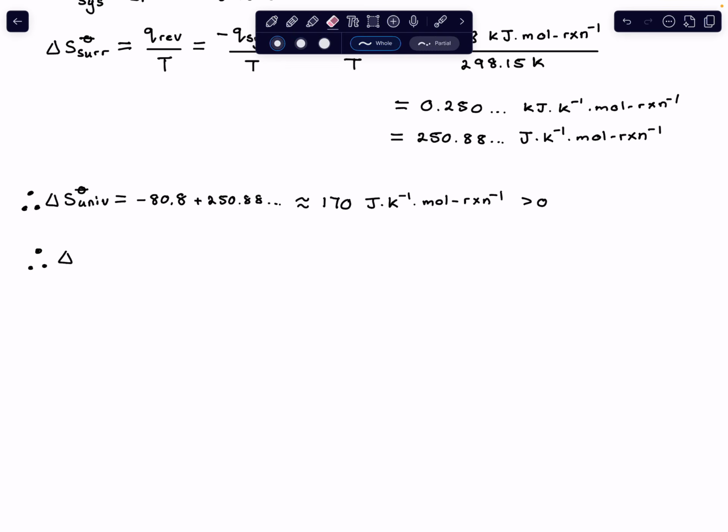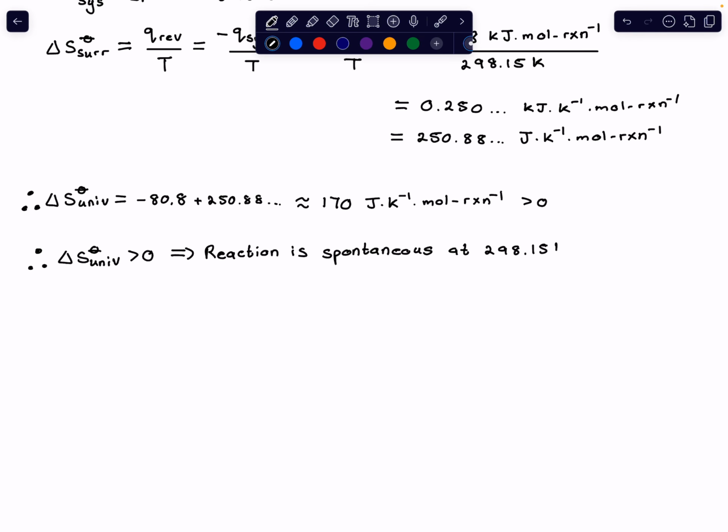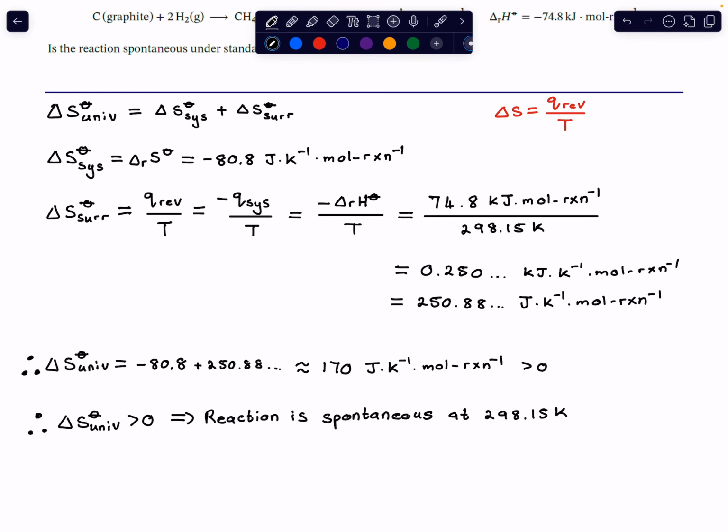Therefore, because the standard entropy change of the universe is larger than 0, this implies that the reaction is spontaneous at 298.15 Kelvin, because we had an increase in the entropy of the universe.